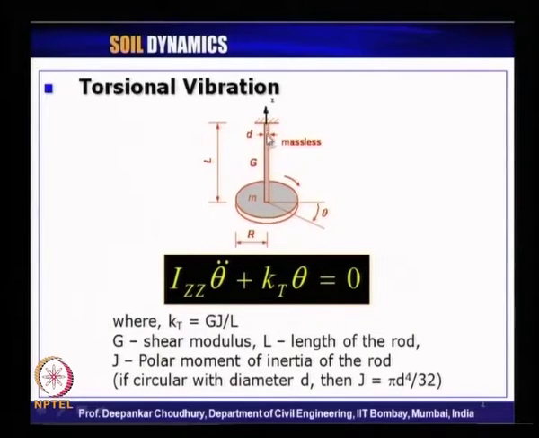If we consider a circular cross section of the rod with diameter d, we can compute the polar moment of inertia J as pi d to the power 4 by 32. Okay. So, with this background of yesterday's lecture, let us continue to solve the problems we had been solving.